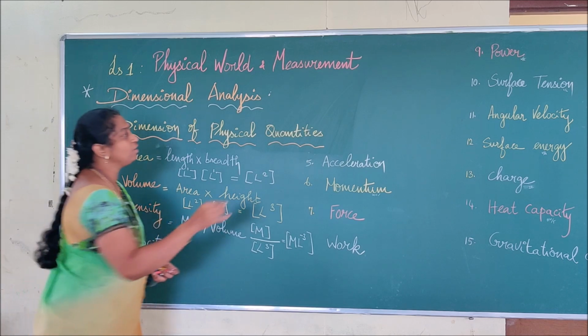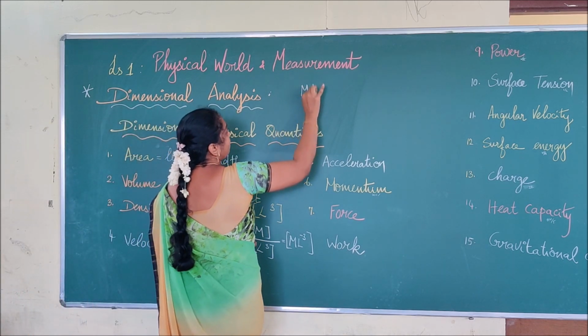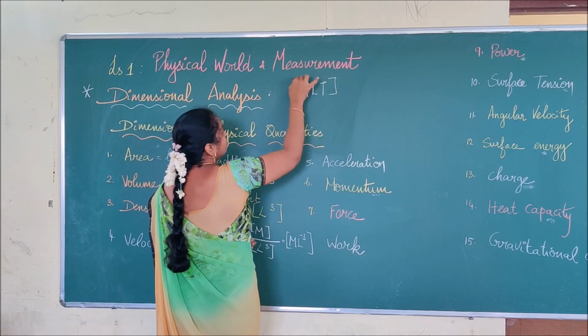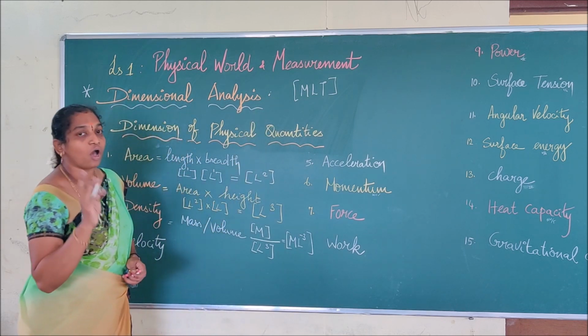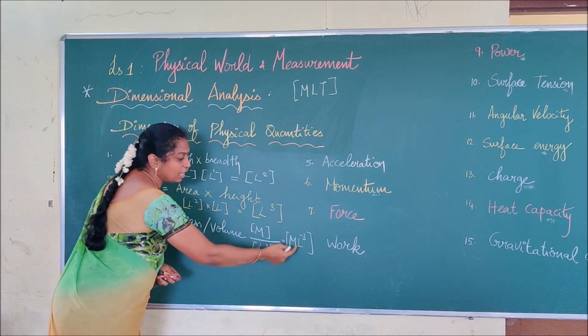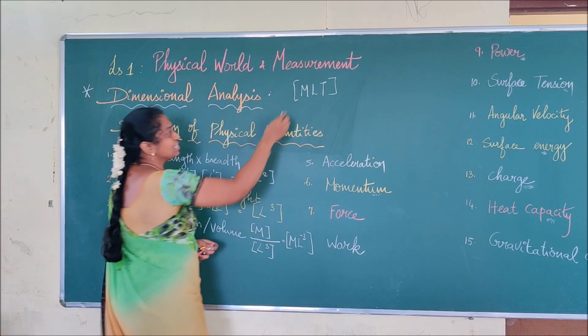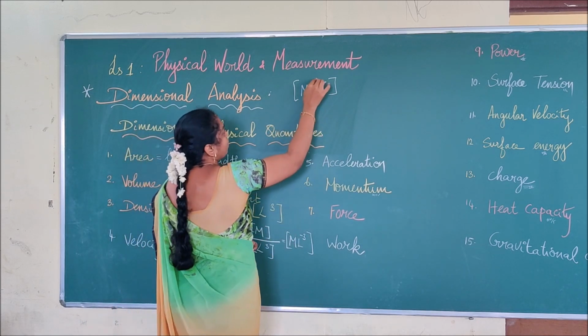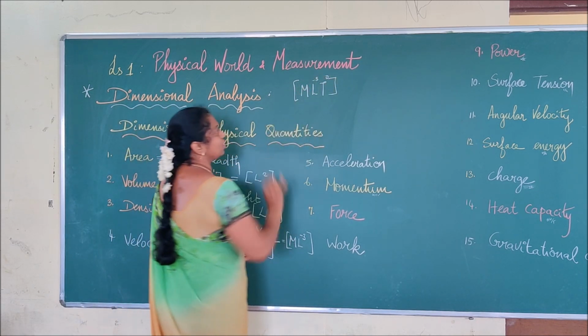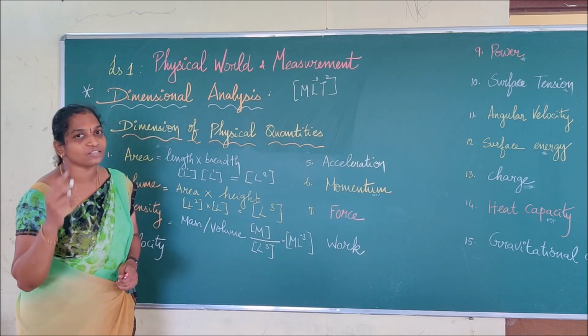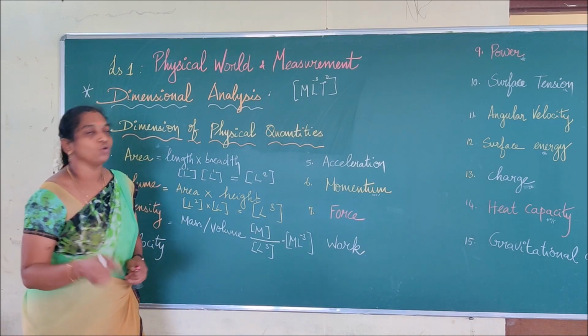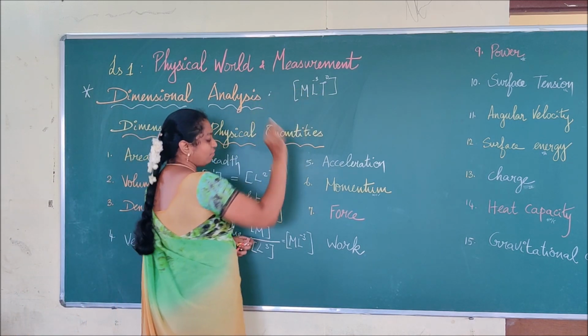Usually everything is written in terms of M, L and T. Right? So we can write in 3 terms or as a single term. Here T is not there. We can write M, L power minus 3, T power 0. Anything raised to the power 0 is 1, so we can write it or neglect it.